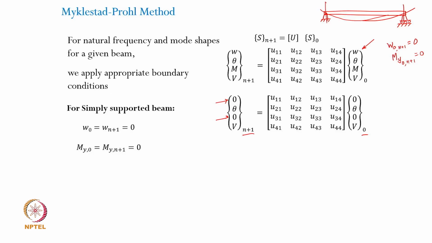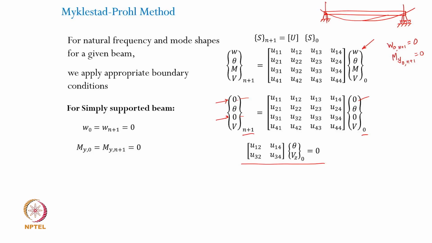Now you can filter out the rows having zeros. So obviously by doing that you can show that if I take only the first and third row, this is what I will finally get as the reduced matrix equation.